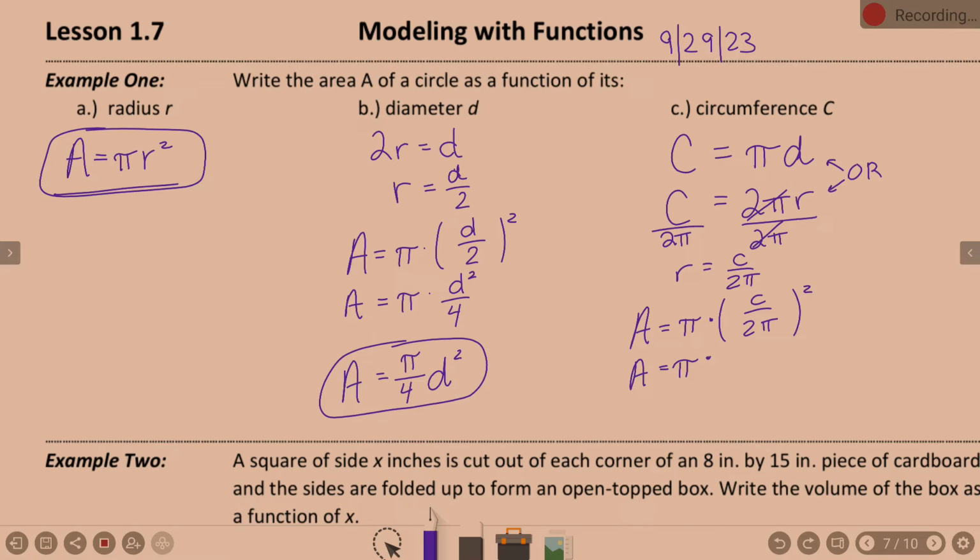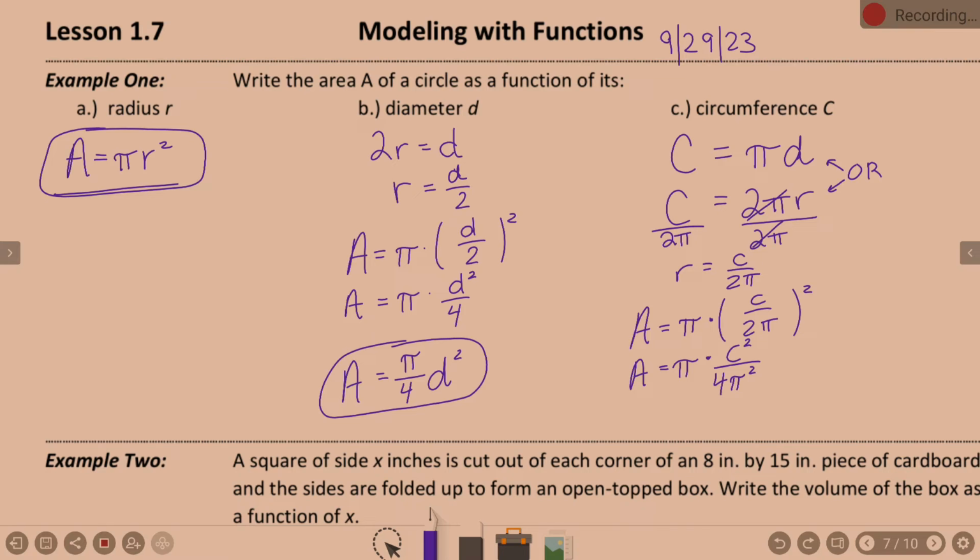C over 2 pi quantity squared. So when you square the numerator, C, it's going to be C squared. Denominator, when you square 2 pi, four pi squared, right? Because when you take 2 and square it, you get 4. When you take pi and square it, you get pi squared. Okay?